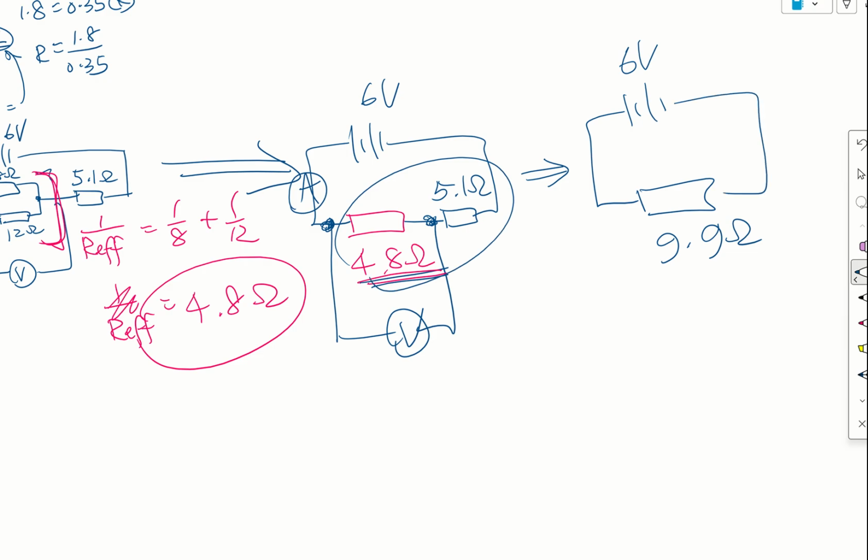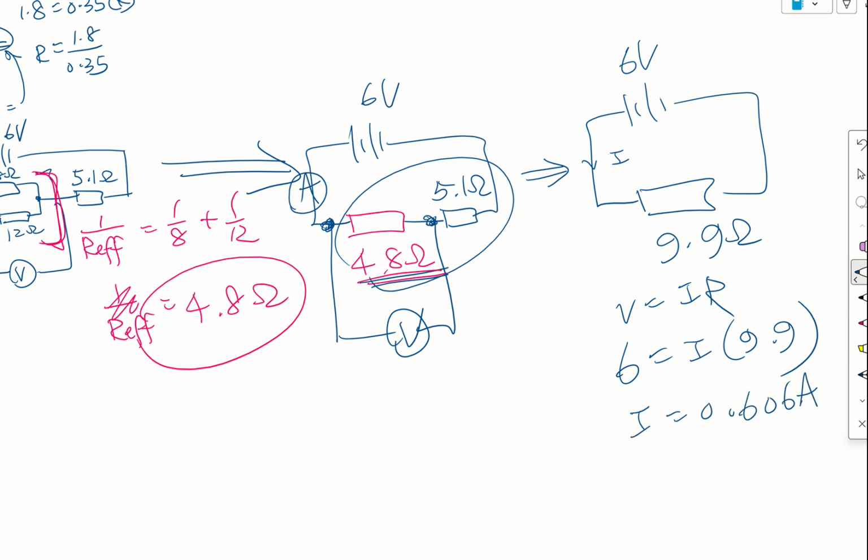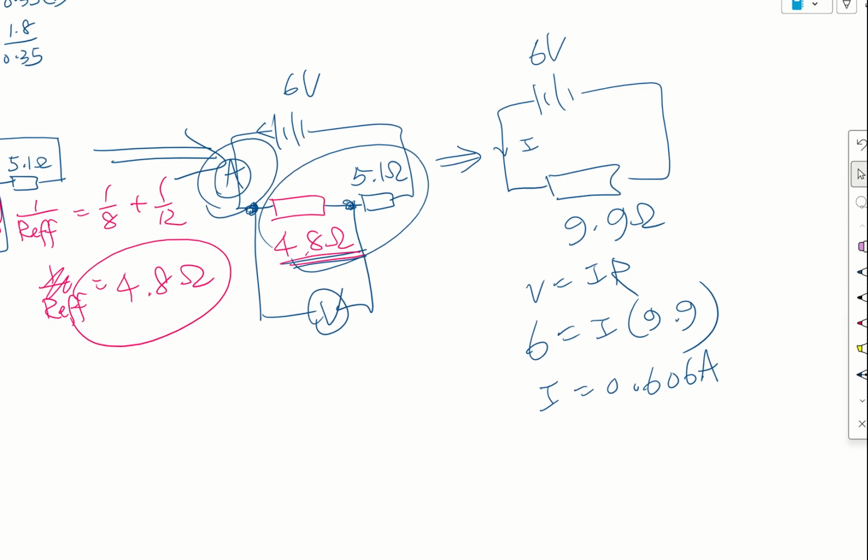So 6 volts divided by 9.9, the current will be 0.606 ampere. That will be the reading of the ammeter, because it's connected directly after the battery, it measures the current in the main branch, which is 0.606.